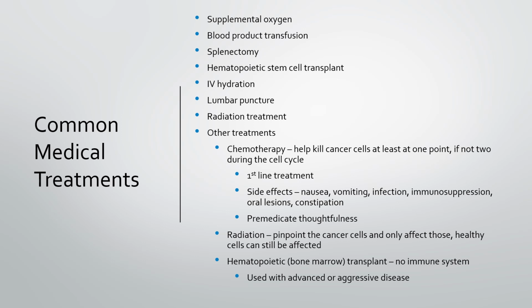We do need to remember that chemo cannot differentiate between a cancer cell and a healthy cell, so we will see healthy cells, unfortunately, die. So we have healthy cell issues as well. Radiation pinpoints the cancer cells, and hemopoietic bone marrow transplant really means they have no immune system, so we're going to use that with very advanced or aggressive disease processes.